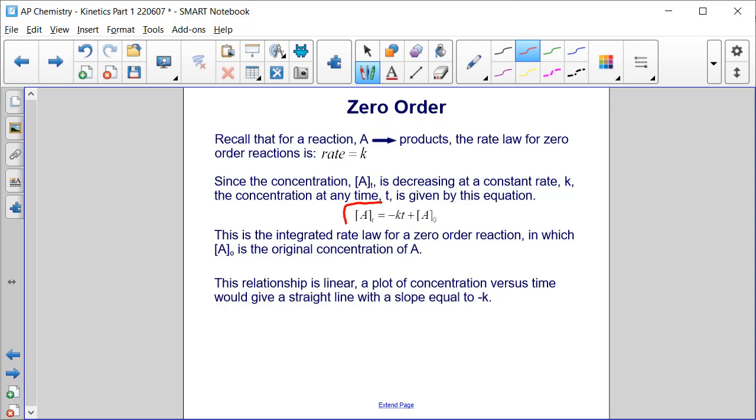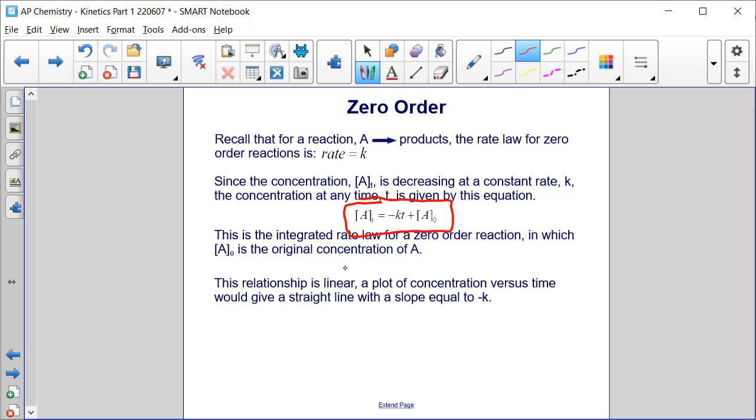The concentration of A at time t is equal to minus kt plus the concentration of A at time 0. This is the integrated rate law for a 0 order reaction in which the concentration of A0 is the original concentration of A, and that concentration is decreasing over time.